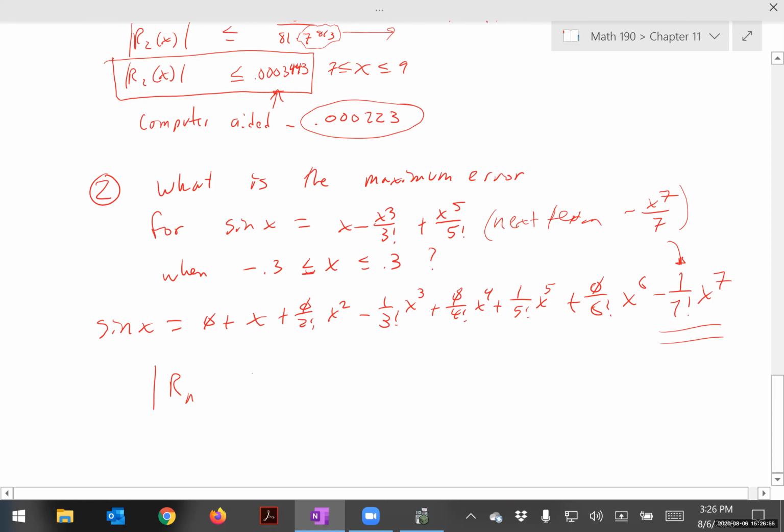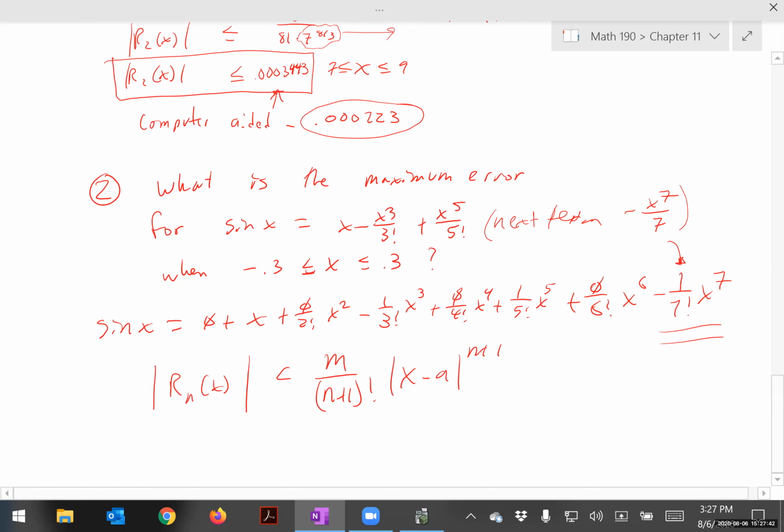R sub n of x is less than or equal to, it should be a hard less than, but whatever, M over n plus 1 factorial, times the absolute value of x minus a to the n plus 1 degree, right? So n plus 1 degree.